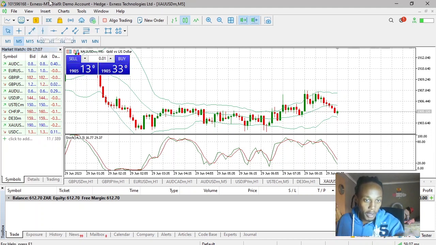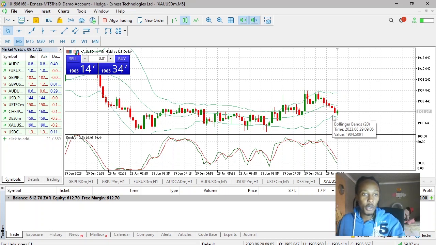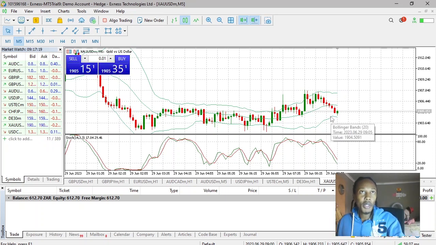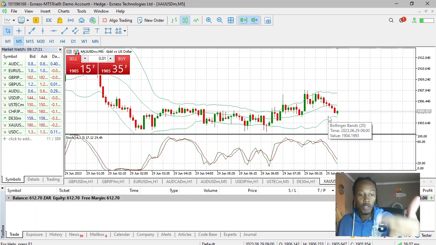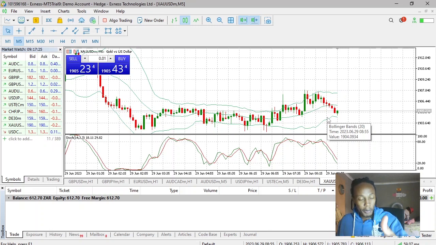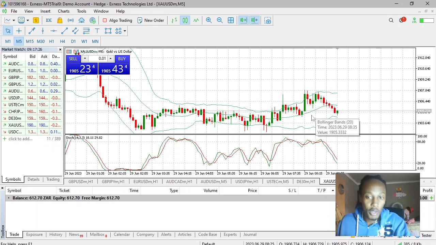I'll explain everything to you once we insert the chart. For now, you might as well open your gold, XAUUSD on XNES. On Deriv, I think it's gold, on XM it's gold, on most brokers it's gold. On XNES, it's XAUUSD.